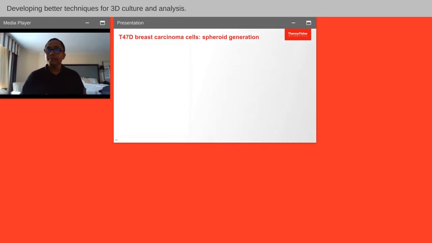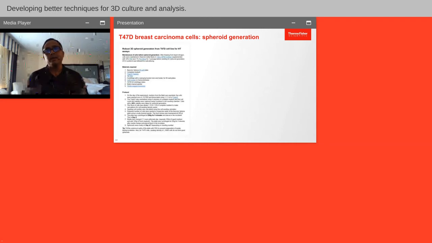So if you click on one of the protocols, in this case the T47D cancer cell line, this is what you would see. You'd see a nice detailed page, first starting with how to maintain the cells in just 2D culture before forming spheroids. A list of the materials that are required, with hyperlinks to products that we offer at Thermo Fisher.